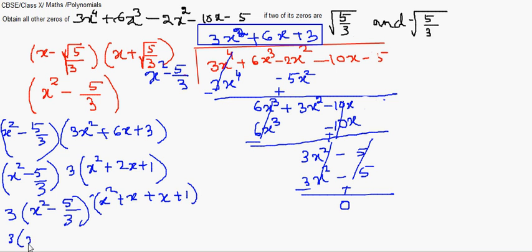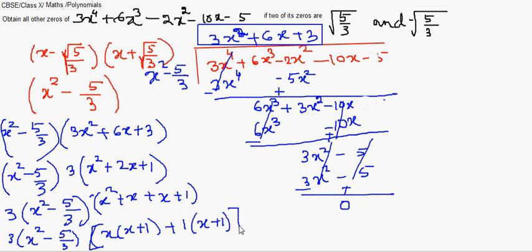So 3 is a factor, x square minus 5 by 3 also is a factor, and here if I'm taking an x common, I'll be left with x plus 1, and another x plus 1, so that becomes x plus 1 and x plus 1.